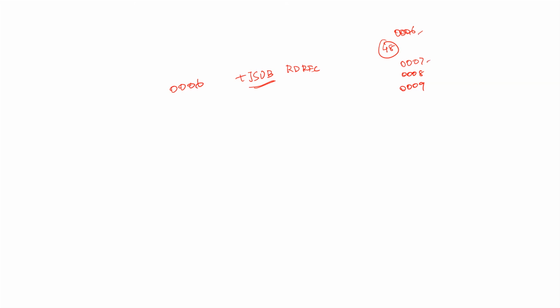So 4 locations: 6, 7, 8 and 9. These 3 positions will be used by RDREC, and the first position will be used by the JSUB opcode and the n, i bits, at 0006. So I will write the modification record as M.